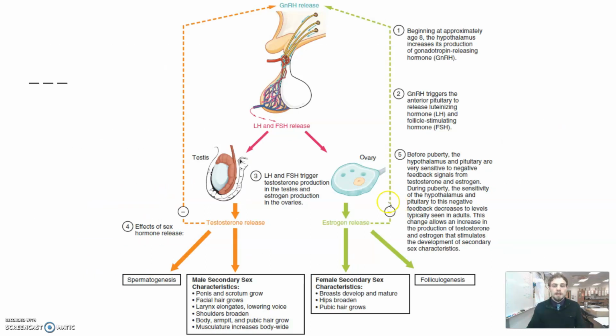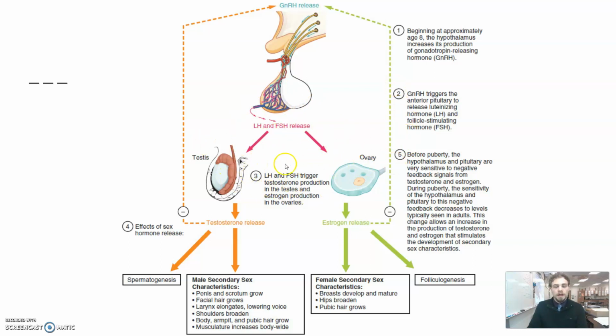So here is just a graphic talking about this, kind of leading up to puberty. Starting with GnRH release, the hypothalamus is going to be producing that, it says here around age 8. That's going to trigger LH and FSH to be secreted from the anterior pituitary gland.